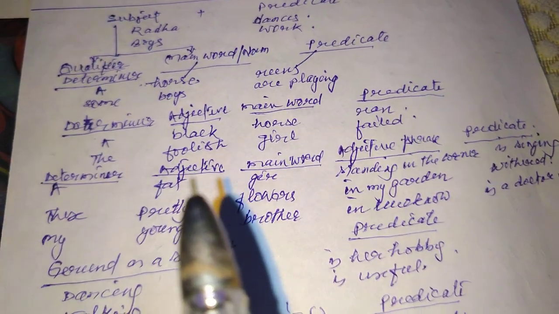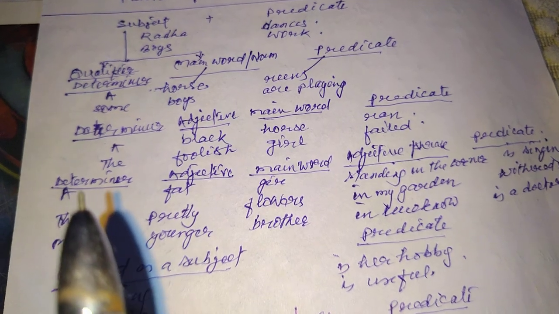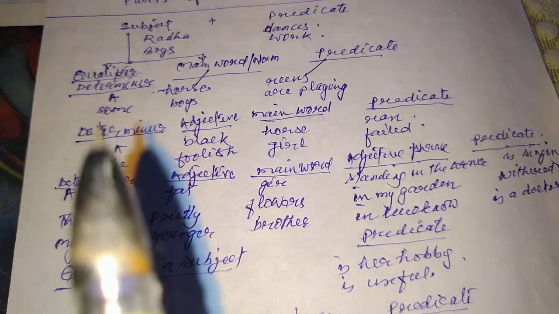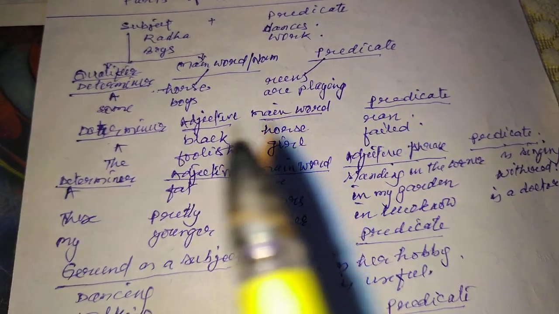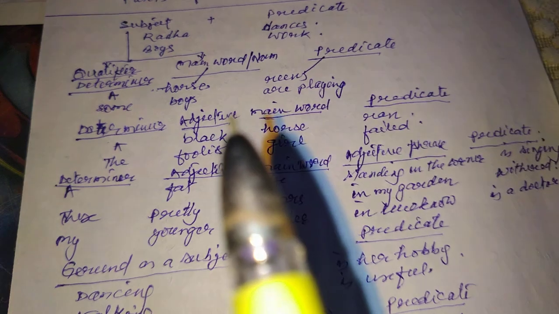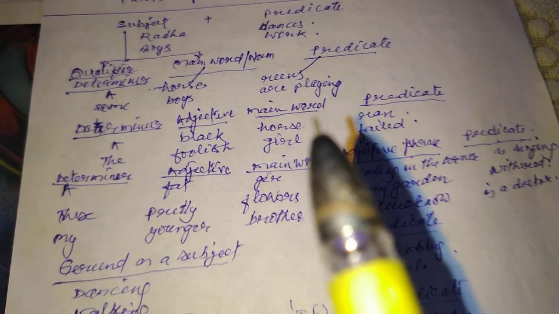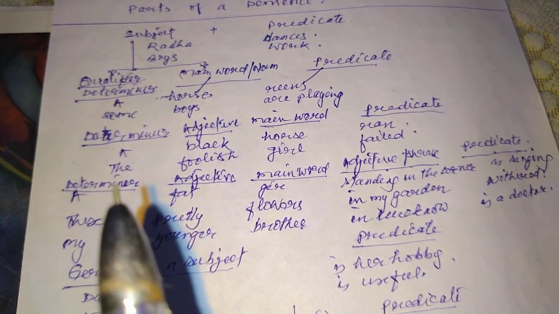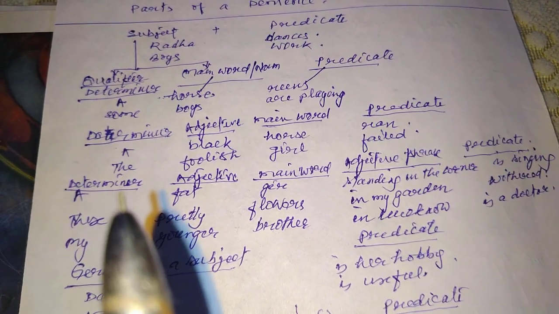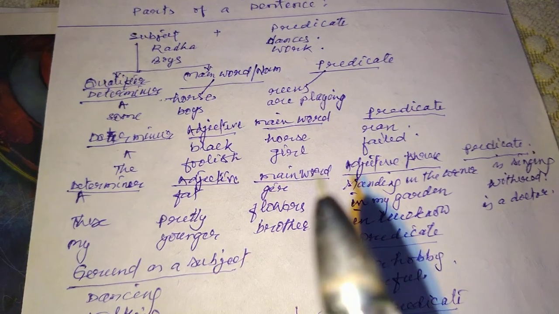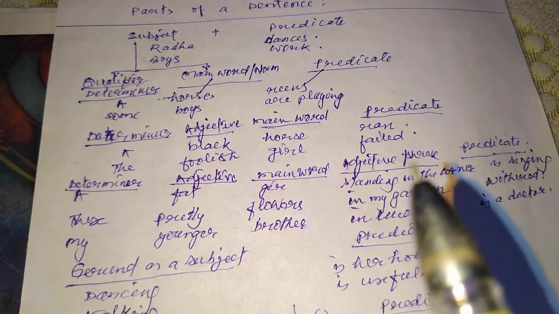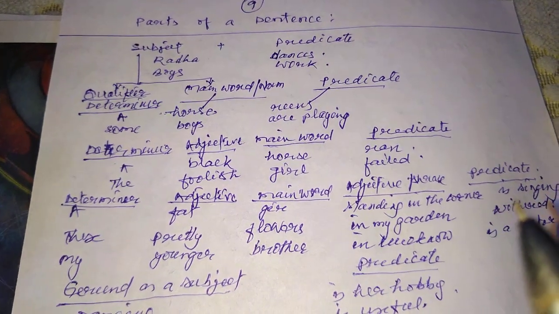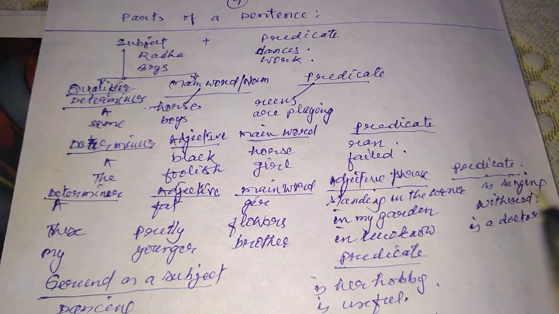Fat is the adjective here, and a is the determiner. In the previous examples, we divided the subject into three parts: determiner, adjective, main word. And here we divided it a little more, so we made it four parts: determiner, adjective, main word, and adjective phrase. And last is the predicate, is singing.